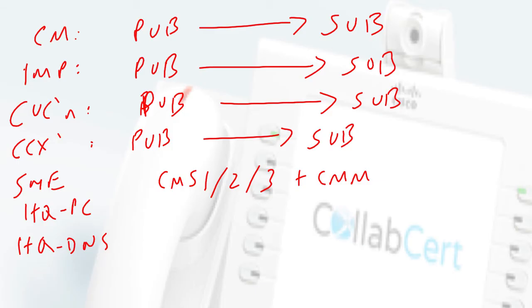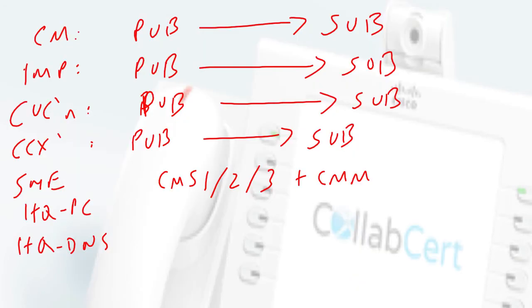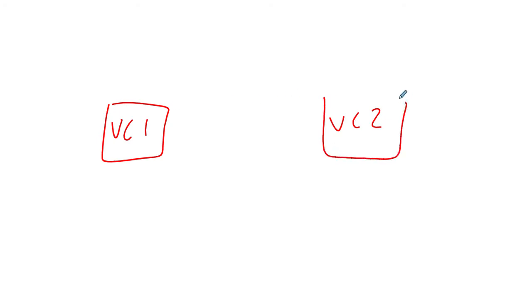And so let's go back to our diagram. We've dealt with the CMS and the CMM over there. The VCube. The VCube is a big one. So we have VCube 1 and VCube 2. And this is your interface to the backbone, the SIP trunk, our CenturyLink SIP provider, if you like. So VCube 1 and 2, we have 2 interfaces that are pre-configured.